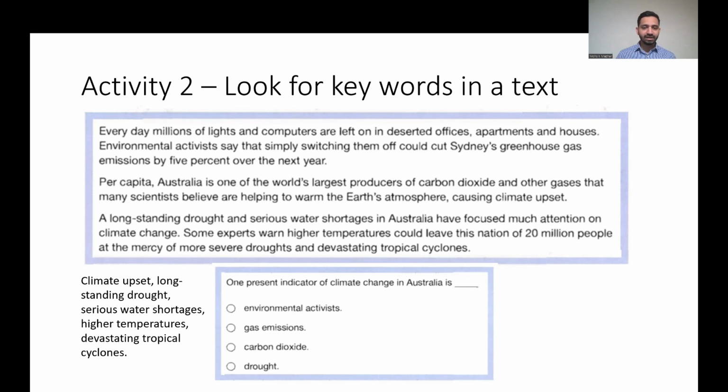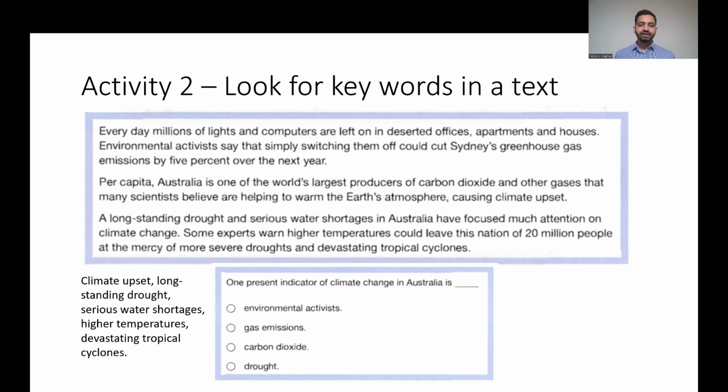So in my mind, that can't be a correct answer. Gas emissions could be an indicator. Carbon dioxide could be an indicator. Drought can be an indicator. But in my mind, gas emissions and carbon dioxide could be the causes of climate change, not the sign. So even without reading the passage, I have identified that drought could be a possible answer here, but I'm going to read it out.